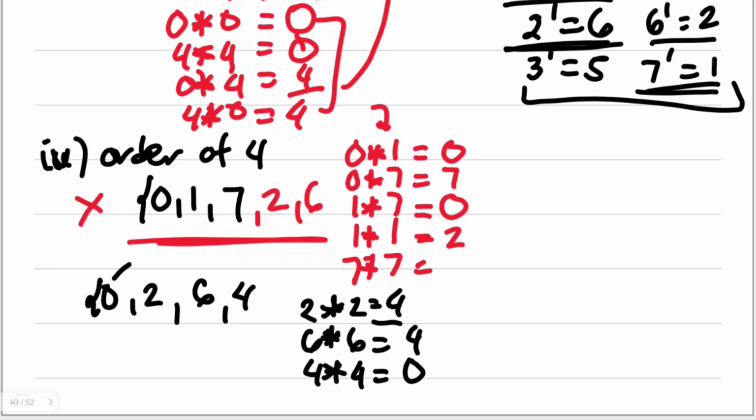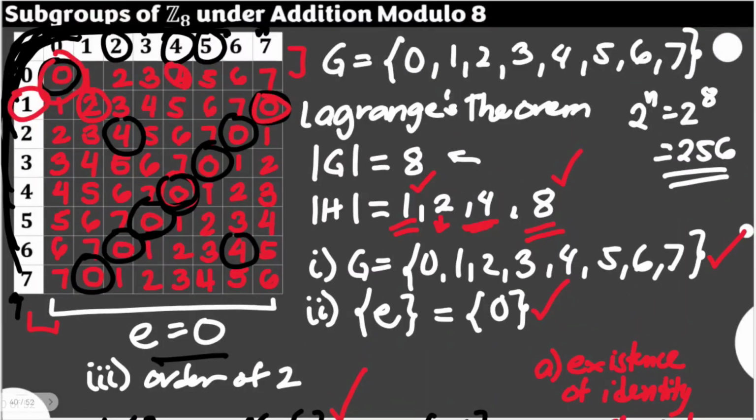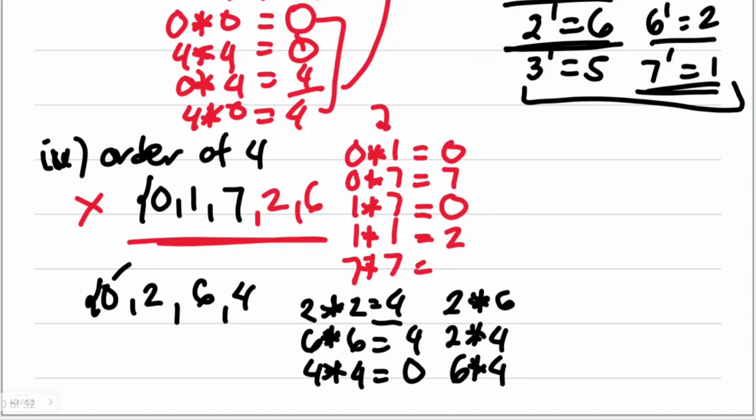Do we consider this now? Let's look at the others: 2 star 6, 2 star 4, 6 star 4. Checking the closure property, 2 star 6 is 0, okay. 2 star 4 is 6, okay. 4 star 6 is 2.